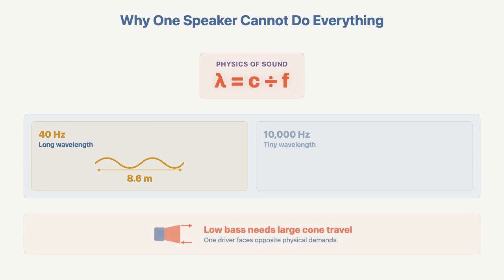That is why speaker systems use crossovers. Low-pass filters feed woofers, high-pass filters feed tweeters, and each driver handles a frequency range suited to its mass and size. Physics refuses the one-size-fits-all fantasy.